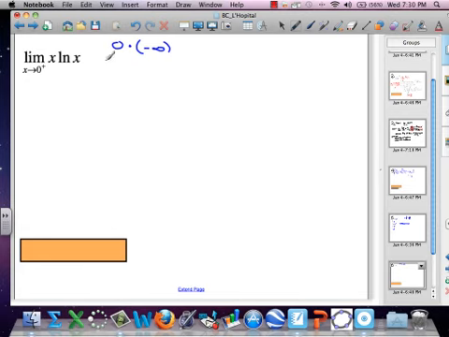And the work is to put this in another form so I can use L'Hopital's rule. L'Hopital's rule says I need a fraction. So let's see if we can rewrite this as a fraction legally. The limit as x goes to 0 from the right side of x natural log of x, and let's rewrite the whole thing as a fraction by rewriting x as something else. So let's see.